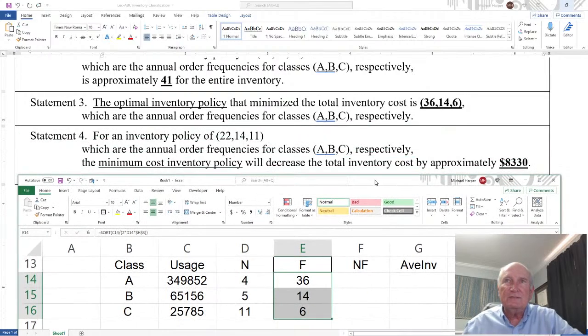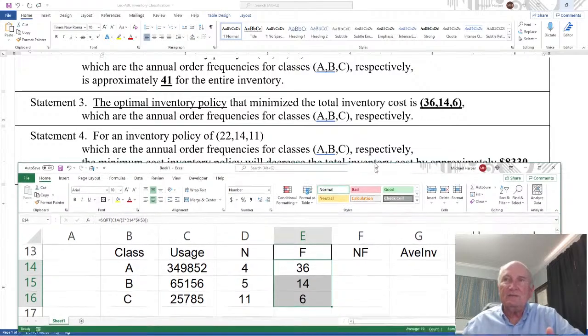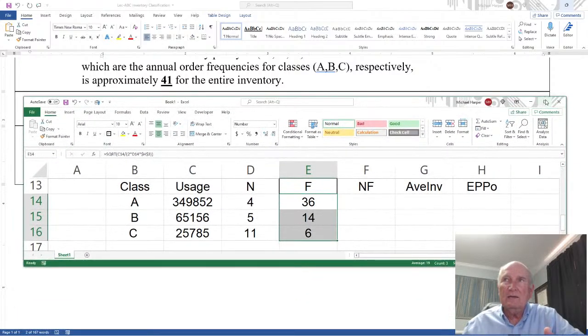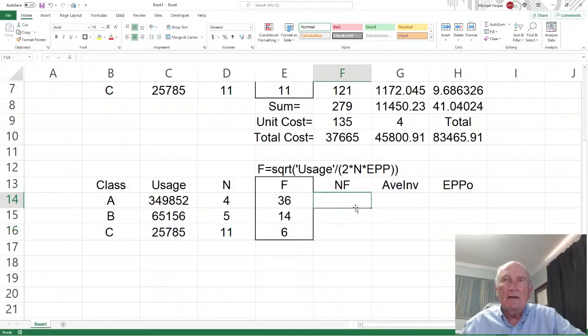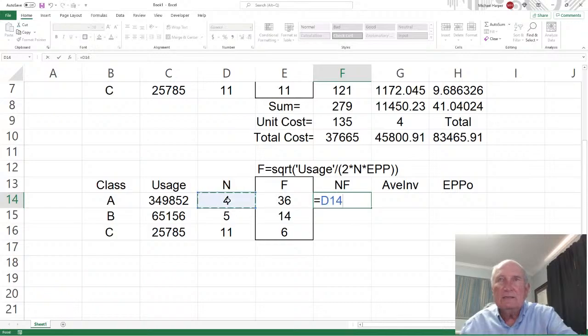But then the second question is, what's the cost savings? Okay, well, let's continue on, and let's go ahead and box this in, because that's going to be our optimal. And so then NF equals N times F, average inventory equals usage divided by F divided by 2.